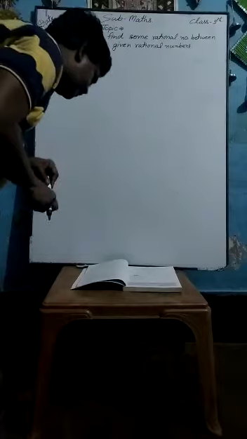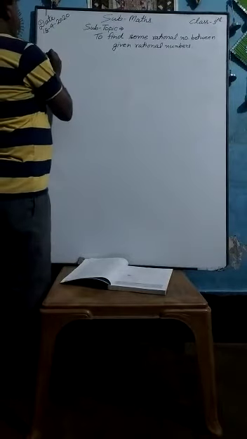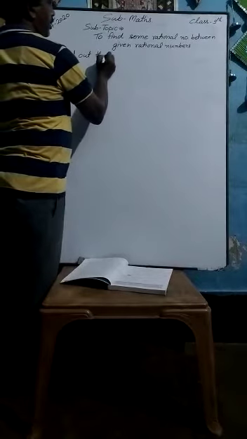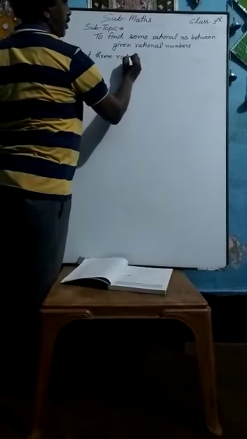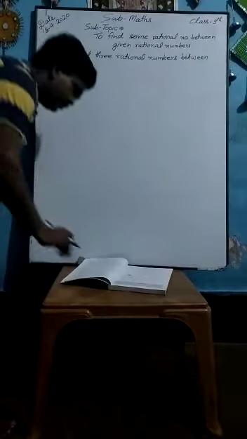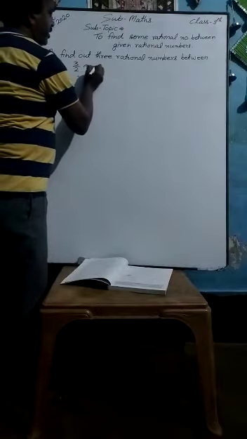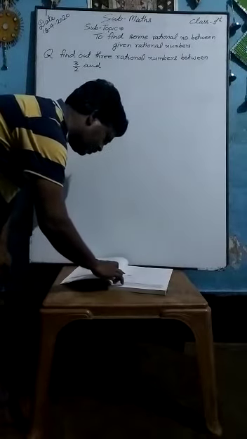Questions may be like this: find out three rational numbers between the given numbers 3/2 and 8/3.